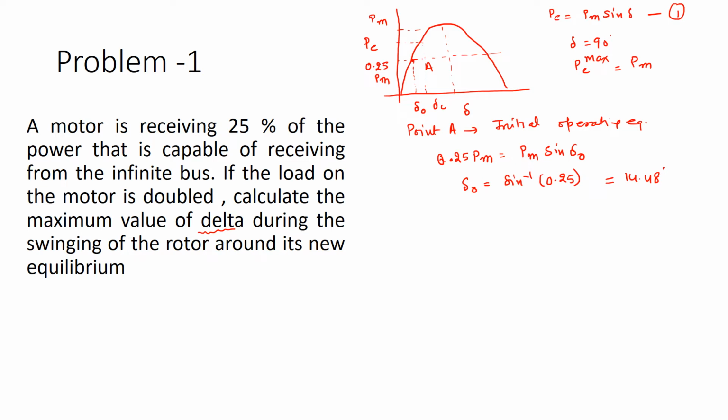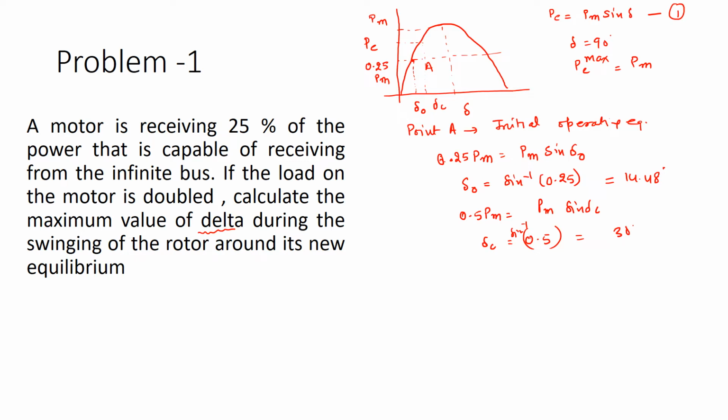Corresponding to this delta C, the load is actually doubled, so 0.5 Pm is equal to Pm sin delta C. So this delta C will be sin inverse 0.5, and it comes out to be 30 degrees.